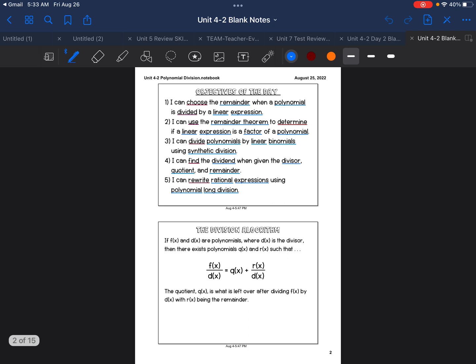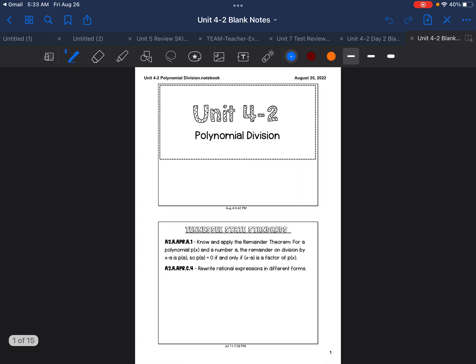And once I get through 1 through 4, you're going to close out of this video, and then there are going to be 2 videos that say 4-2 day 2. Those are the videos that I recorded for first period and third period, but you're still going to watch them because they still align with the rest of your guided notes. The example numbers will just be different, so don't be thrown off by that. Same problems. Okay, let's get into it.